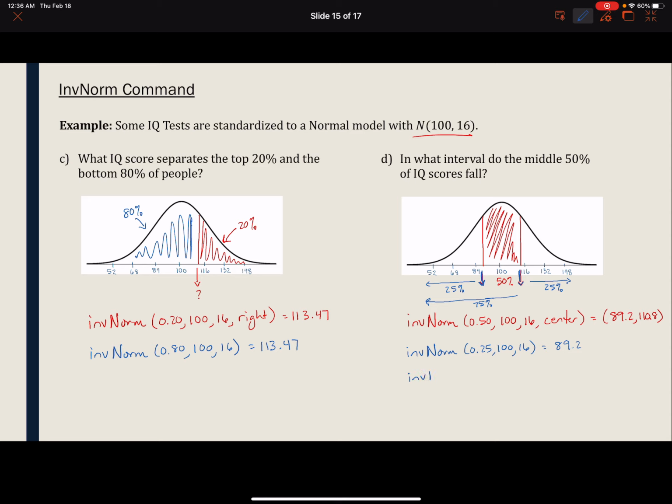So with the calculator, you'll do 0.75, 100, 16, and you'll get the 110.8. And then you'll have the interval from 89.2 to 110.8.